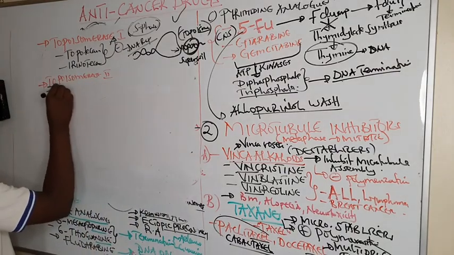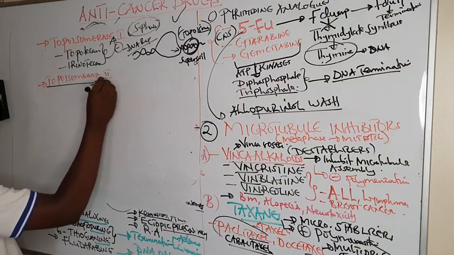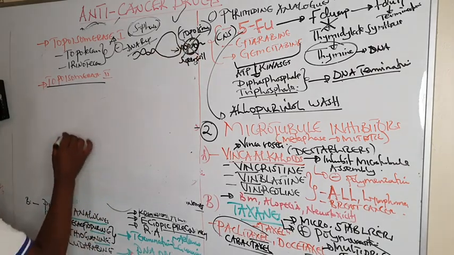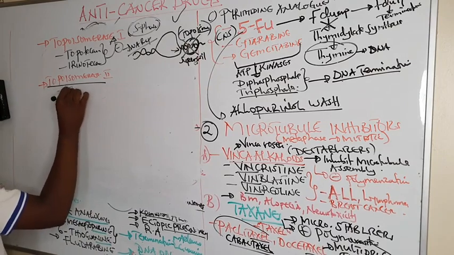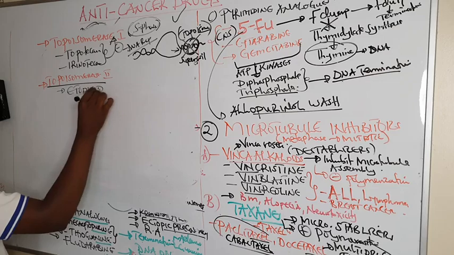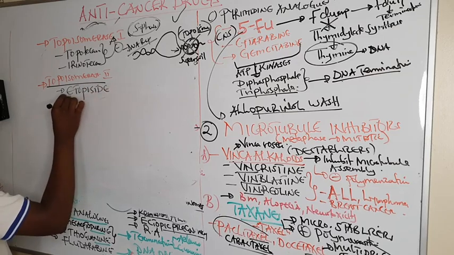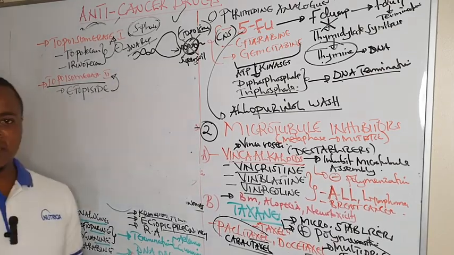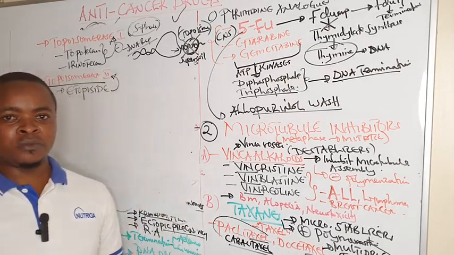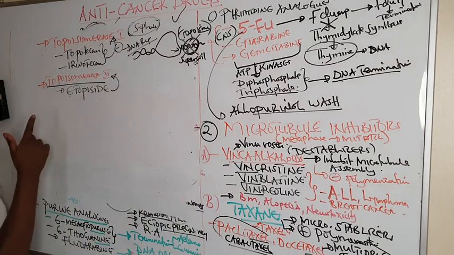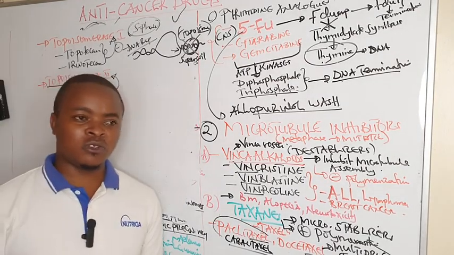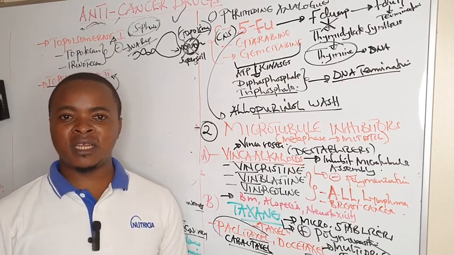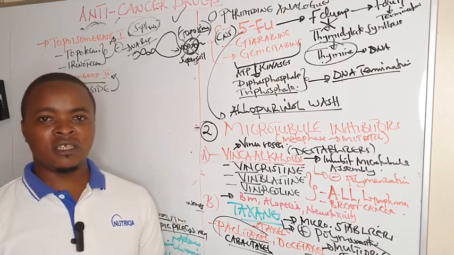Whereas topoisomerase type 2 inhibitors, as we have seen, inhibit removal of the supercoils. An example here is etoposide. Etoposide is a cell cycle specific drug which acts by inhibiting DNA gyrase, which we call topoisomerase type 2. These drugs are also very cytotoxic, so they are used in treatment of colorectal cancer, cervical cancer, and ovarian cancer which have been resistant to other drugs.